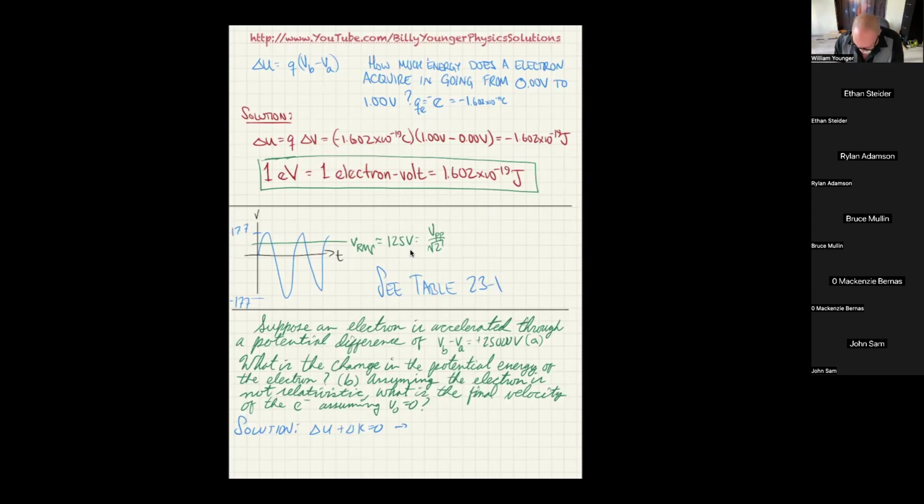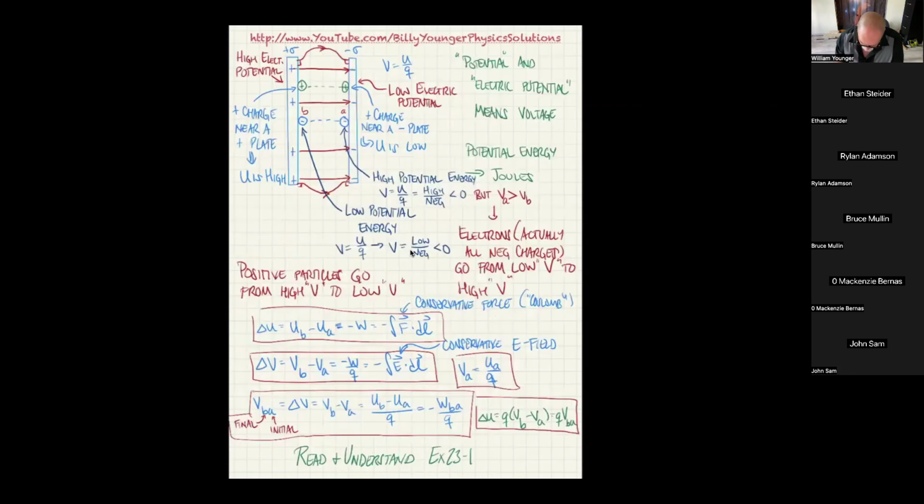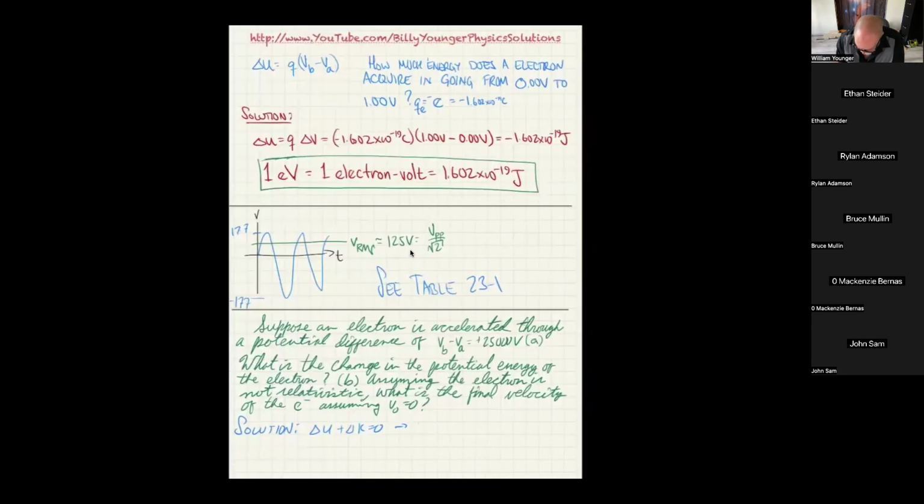If I wish to do that, then what I need to do is calculate my delta U. Now, what we found from this equation right here, for instance, delta V is equal to delta U over Q. So in this case, delta U is therefore equal to Q times delta V. So for part A, the change in potential energy is negative 1.602 times 10 to the negative 19th coulombs, there's my Q, times my change in voltage, which is 25,000 volts.